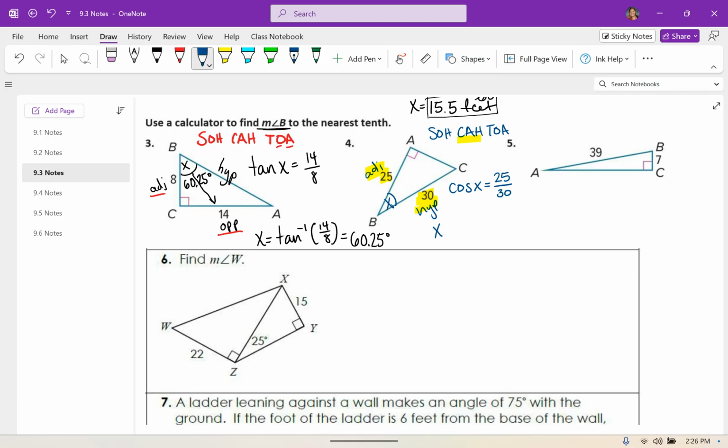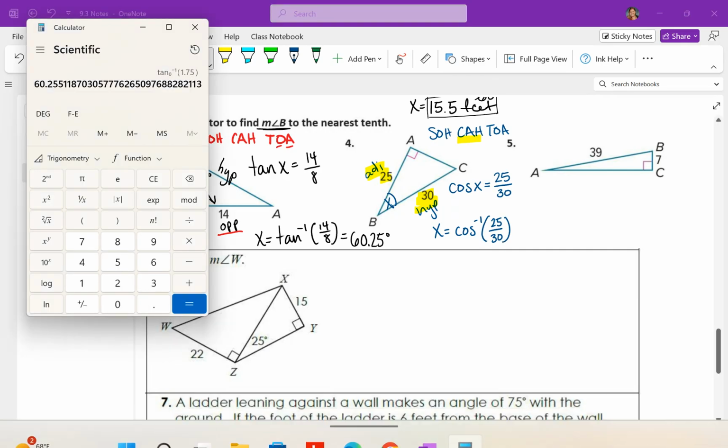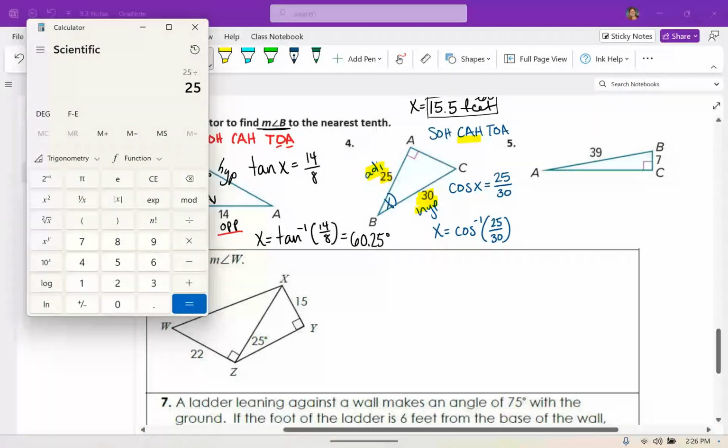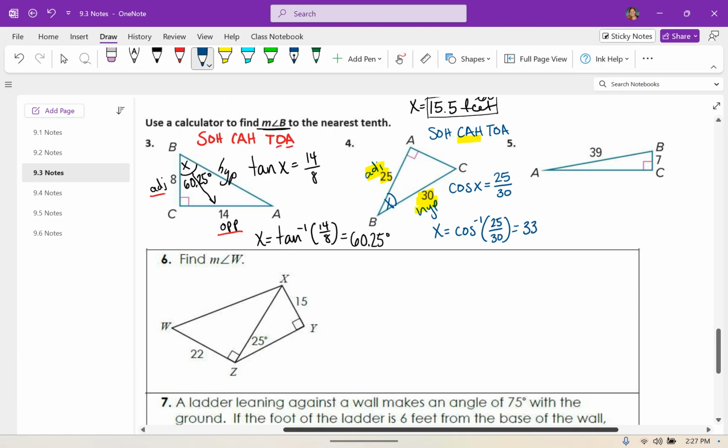So x equals inverse cosine of 25/30. 25/30 is 0.83 repeating. We're not going to round it because we don't want to round any intermediate calculations. And then second, cosine, is about 33.6. 33.6 degrees.